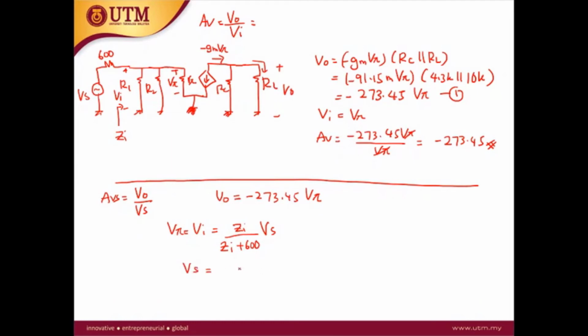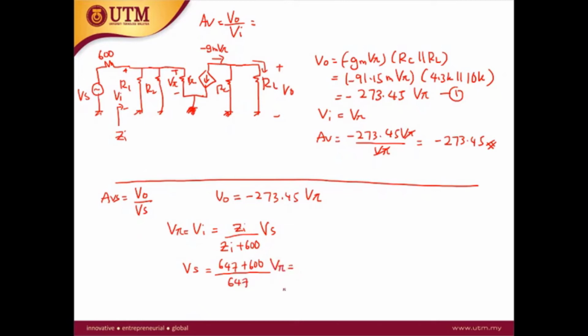Okay, from this equation you can rearrange and you get Vs is equal to, so the Z in value is 647 ohm or 0.647 kilo ohm, as calculated before. So Vs is 647 plus 600 over 647 times V pi.